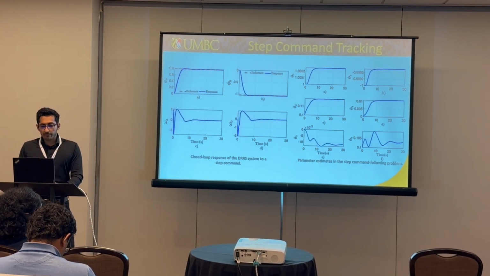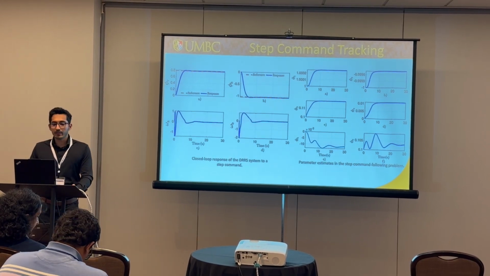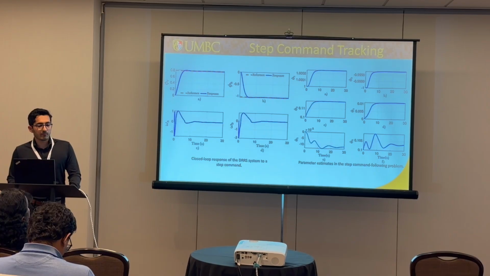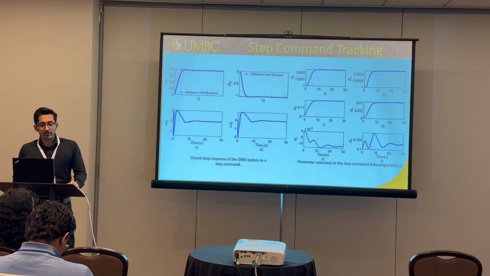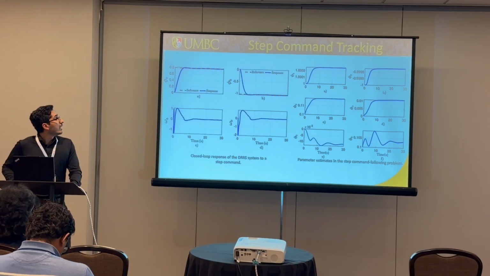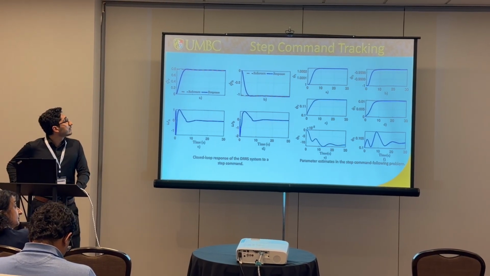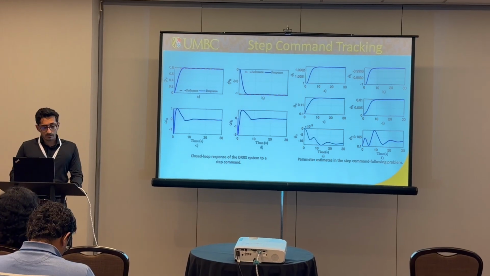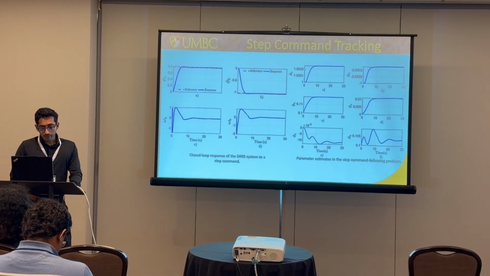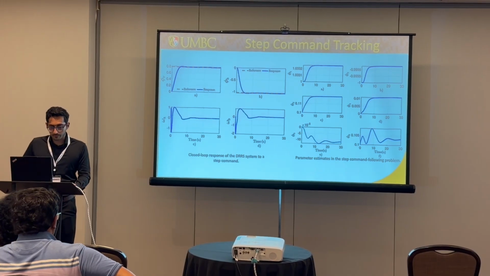We did some simulation results. First, we considered step command tracking. We are initializing our rotational system from 0 angles, and we wanted to follow a unit step command in each angle, the horizontal angle and the vertical angle. You can also see the control inputs, which are the velocity of the rotors.